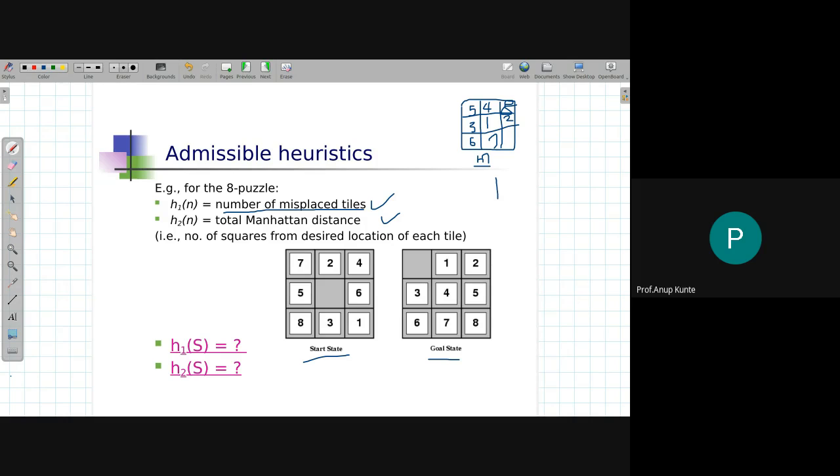If I want to calculate h1 of m, that means I want to apply heuristic 1 to state m. Heuristic 1 says number of misplaced tiles.